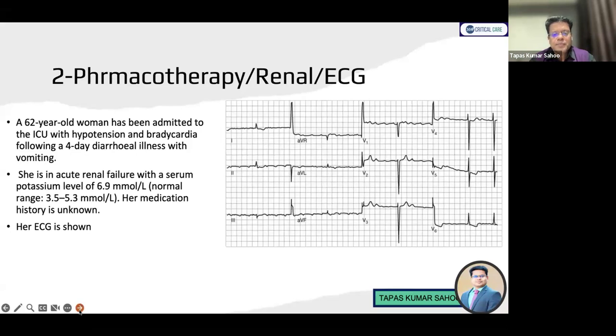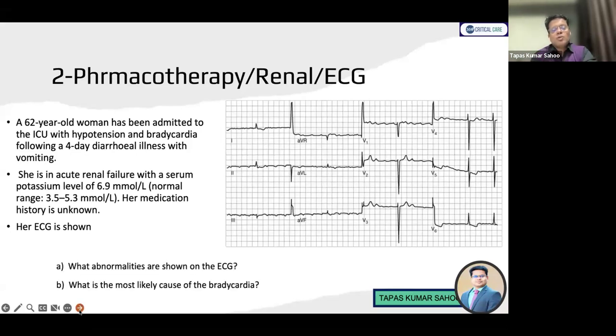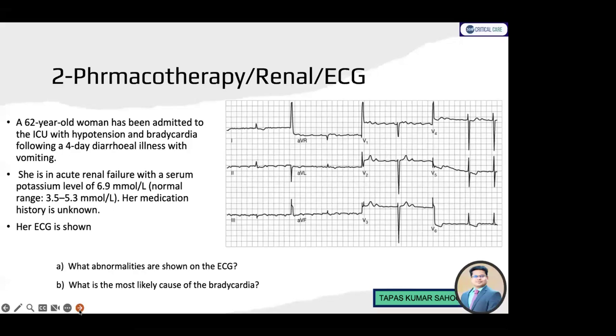What abnormalities are shown on the ECG? What is the most likely cause of bradycardia? Anyone? There is a bradycardic rhythm with variable block.